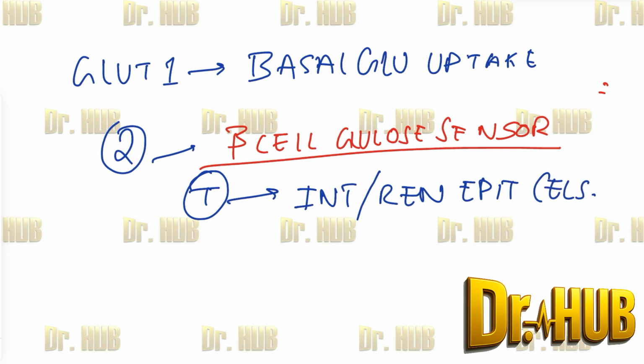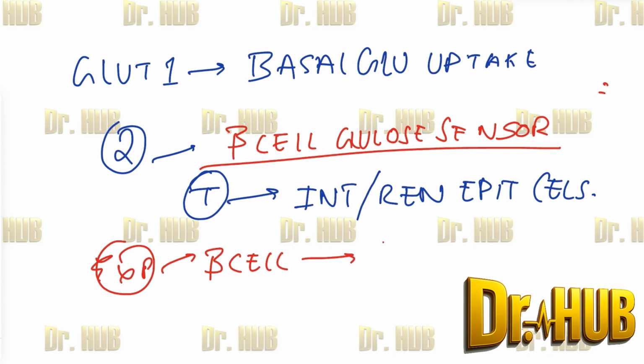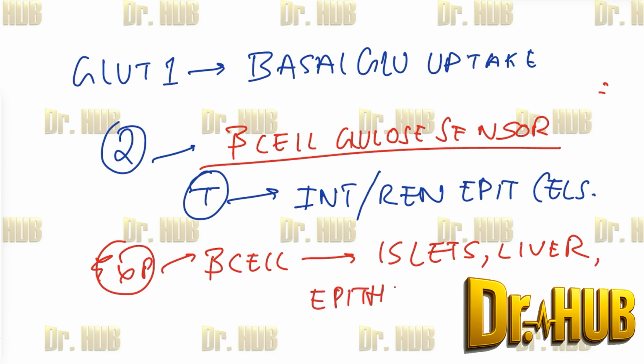So where was the main site of expression? The expression here is in the beta cells of the islets, then the liver, as well as the epithelial cells of the small intestine, and also the kidneys.